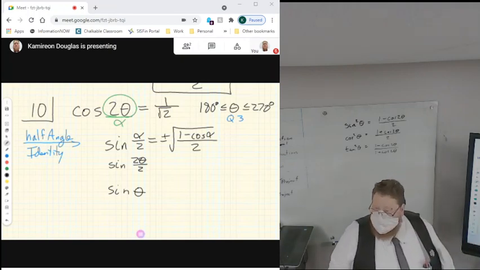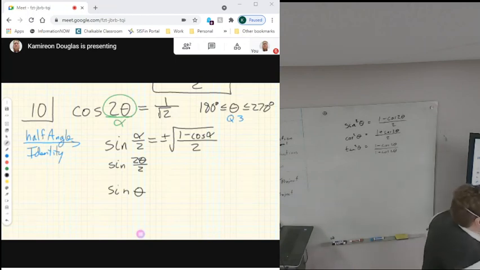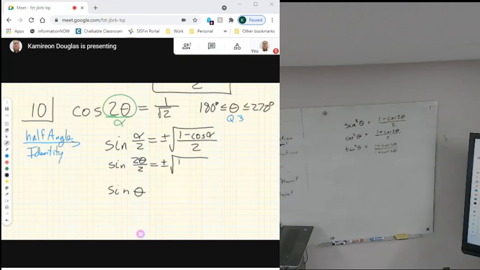Over here, I have equals plus or minus the big square root of 1 minus cosine of alpha. Everywhere I see an alpha, I replace it with 2 theta. So I do cosine 2 theta, all over 2. And so you can see that this is a variation on the double angle formula, just kind of written backwards.